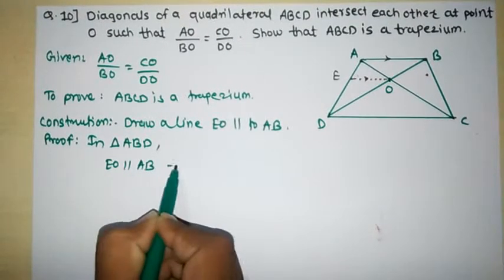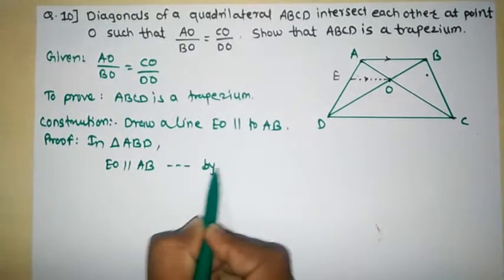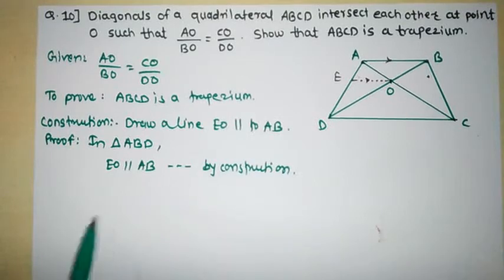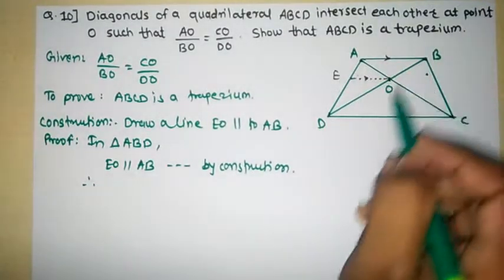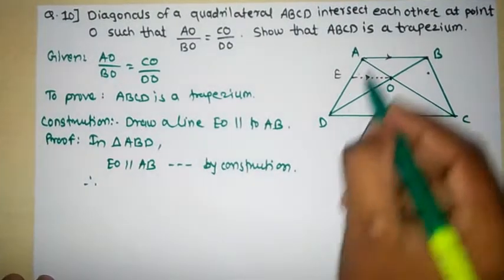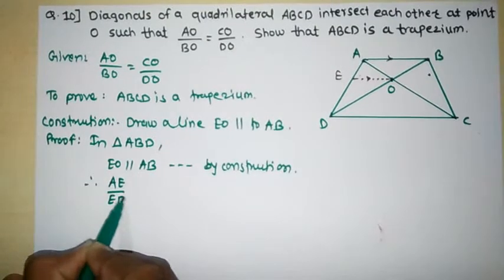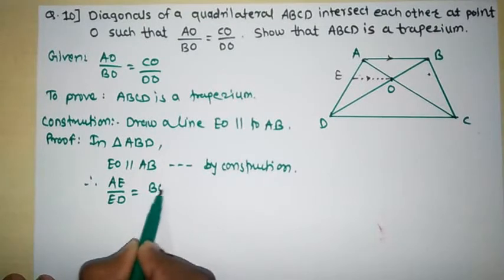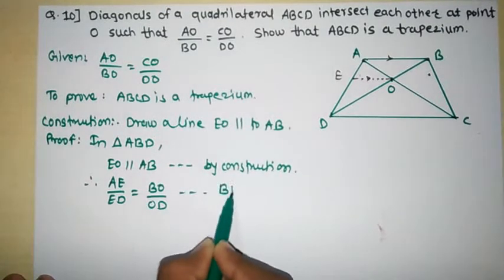What is the reason? By construction. Now, if EO is parallel to AB, can we apply the BPT theorem here? Yes, we can apply the BPT theorem. AE divided by ED is equal to BO divided by OD, by BPT theorem.